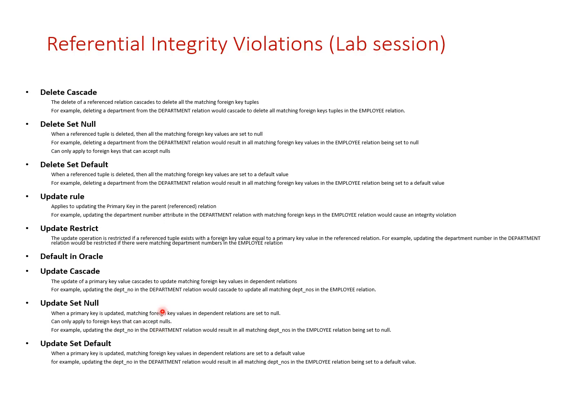And update set null is the same as your delete set null. So if the primary key is updated, the matching foreign key values are also set to null, so it can apply only to foreign key values that accept nulls. You need to set it in such a way that when some updates happen, the values are set to null. And you can also make it into some default values.